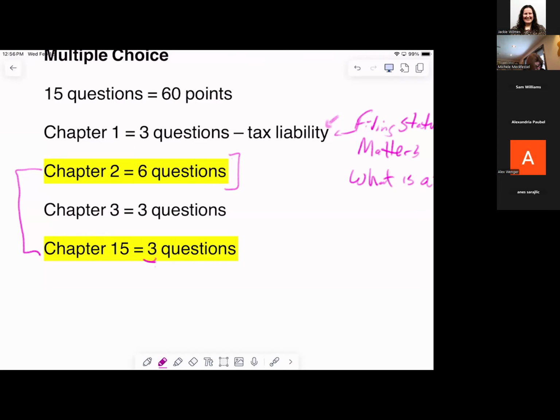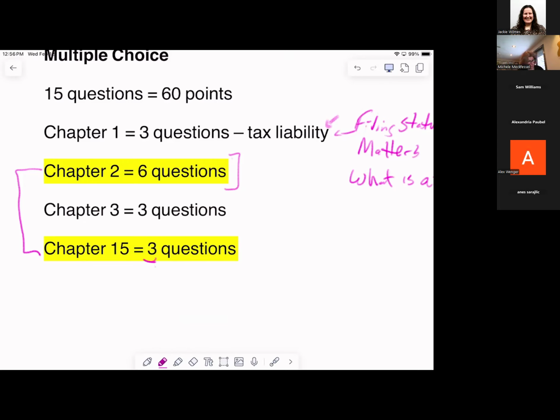When do individuals file tax returns? And then what happens if you don't file those tax returns? So make sure that you go back and look at practice questions for chapter 2. Look at the questions in the PowerPoint for chapter 2. Those can be really helpful.